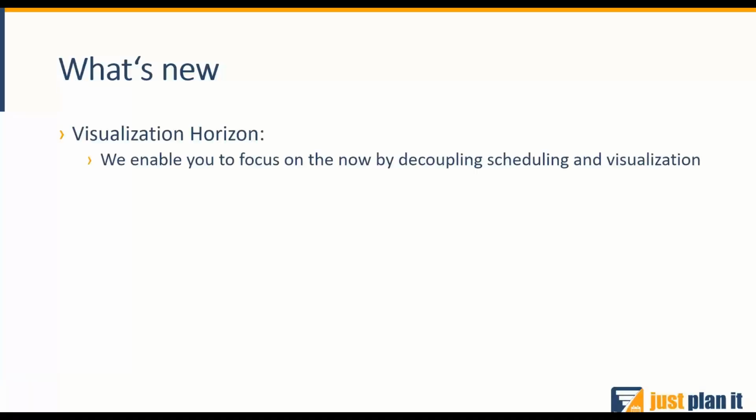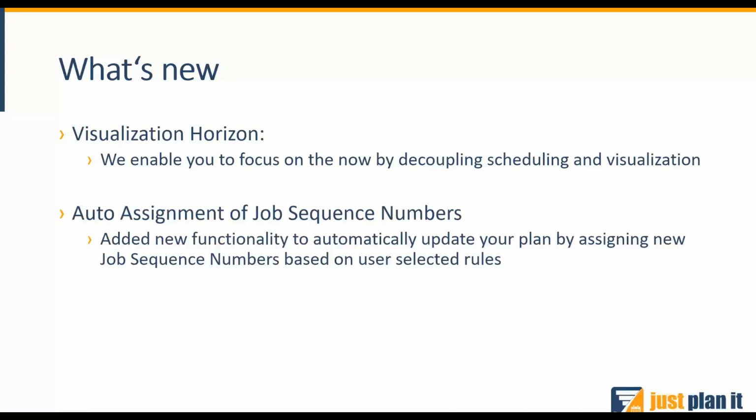So, without further ado, what's new? We added with this release the visualization horizon. We want to enable you to focus on the now by decoupling the scheduling and the visualization. We added auto assignment of job sequence numbers to help you update massive amounts of new jobs, for example, and get you quickly to a very good starting point for your planners.